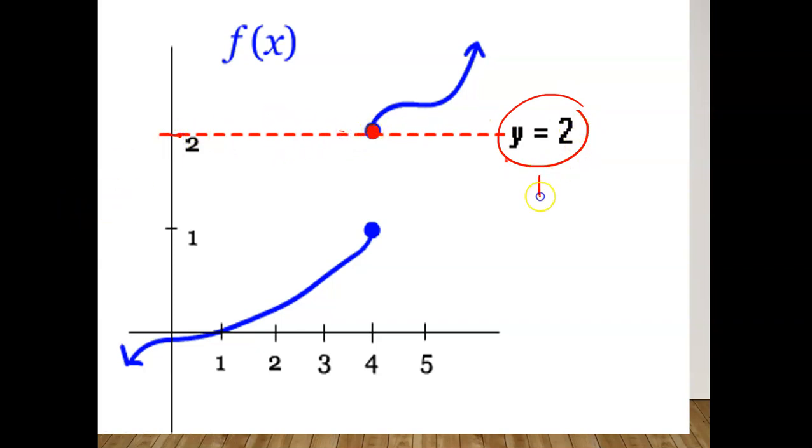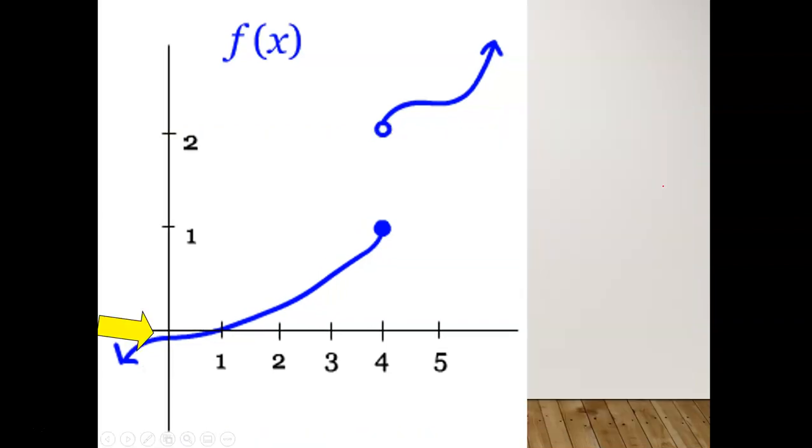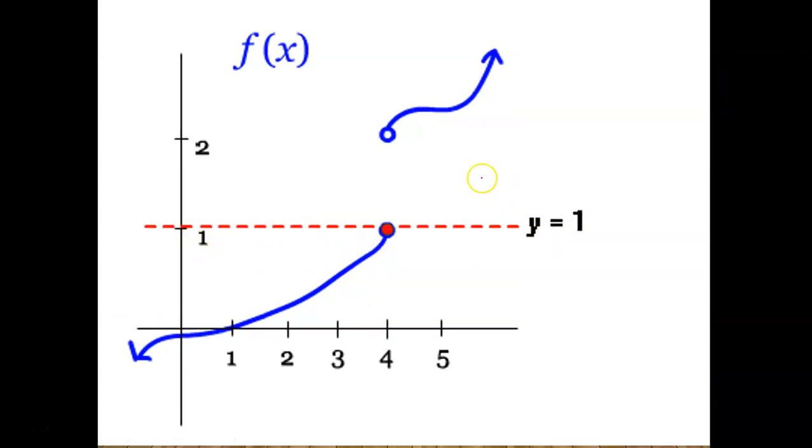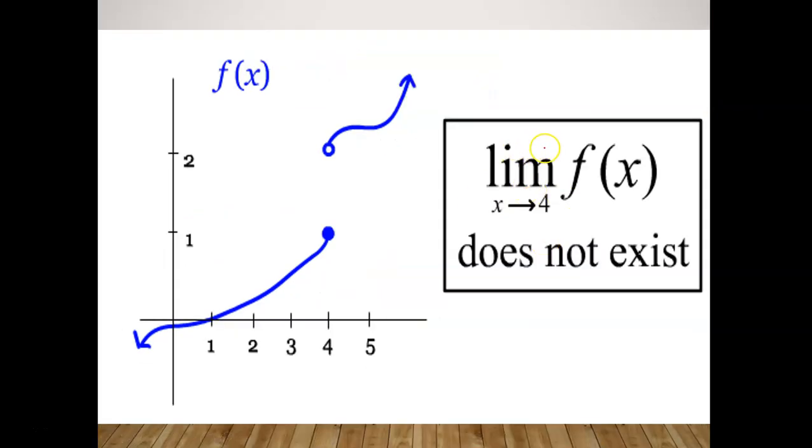Meaning that we can write the limit as x approaches 4 positive of f(x) as 2. And then the other arrow is approaching 4 negative, and it stops here when f(x) equals 1, or y equals 1. So we can say that the limit of f(x) as x approaches 4 does not exist.